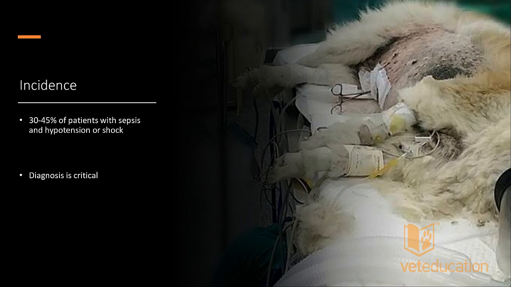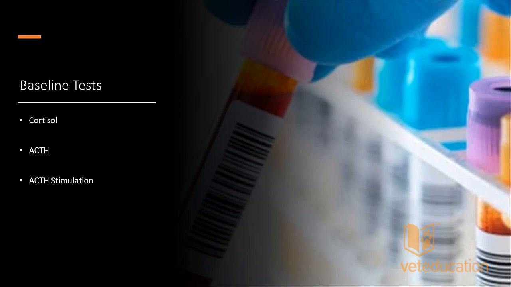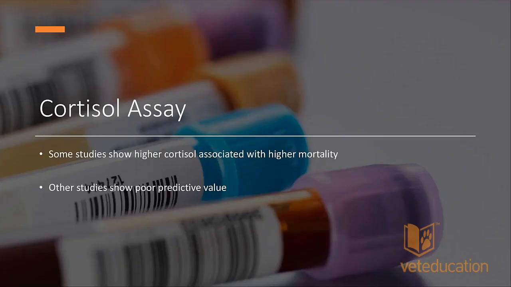But what we see in the actual patient is maybe mild to moderate increased rates of production by our adrenal glands, and in some patients quite high levels of cortisol, but an apparent decrease in the ability of the body to respond to cortisol. So the diagnosis of this condition is really critical. We don't want to miss nearly half the patients in our hospital that may benefit from glucocorticoids. So let's talk about baseline tests: cortisol, ACTH, and ACTH stimulation.